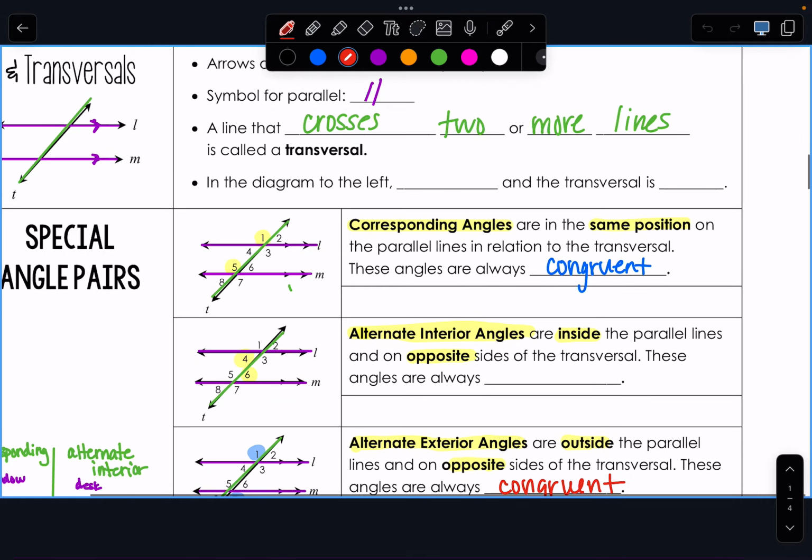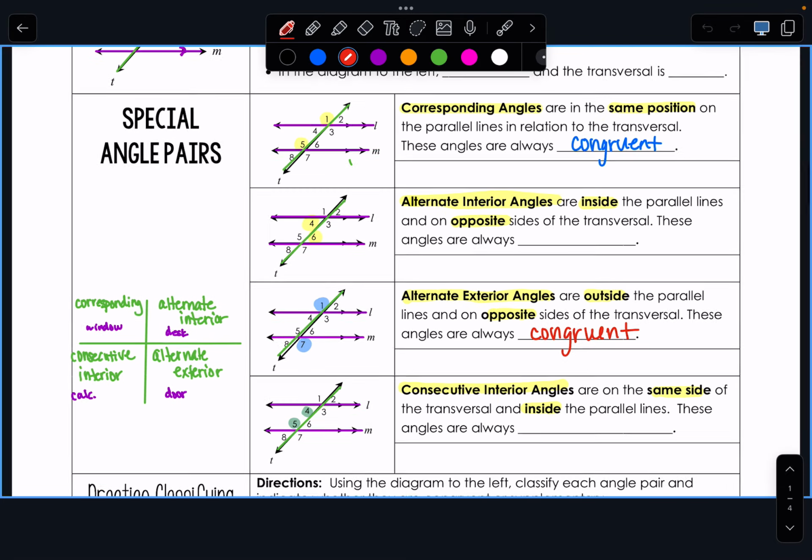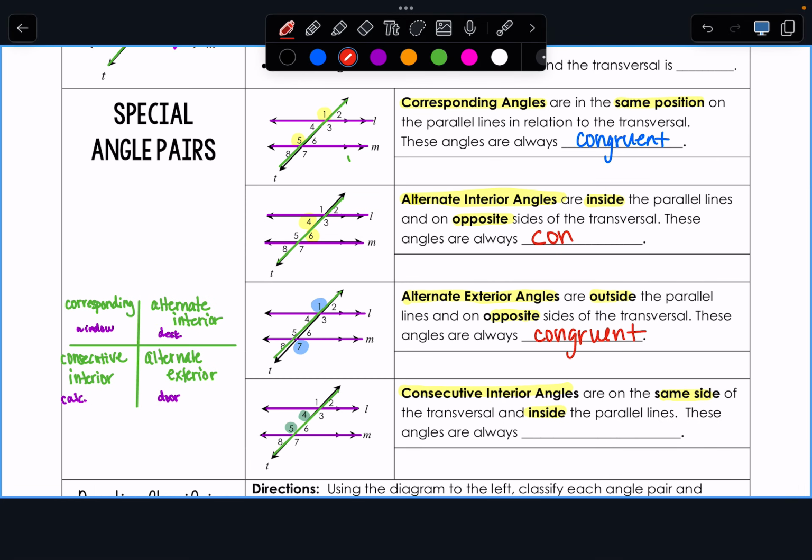So, alternate interior, I want you to write the word congruent. Okay, Landon thinks we're going to write the word congruent on all of them. Okay, so let's answer the last question.